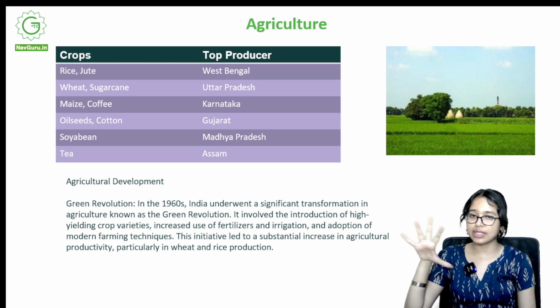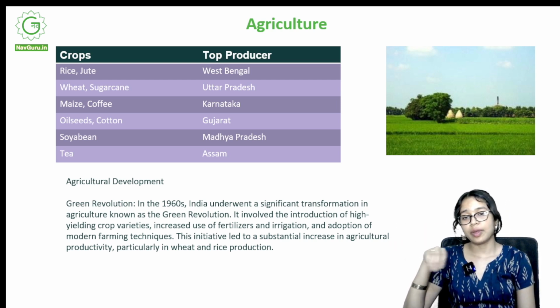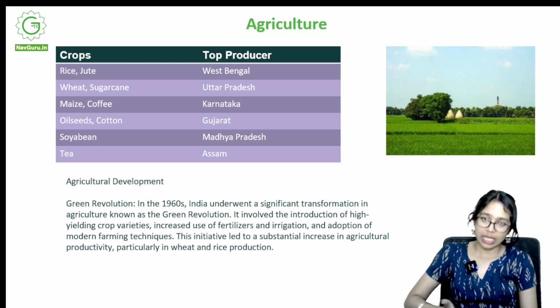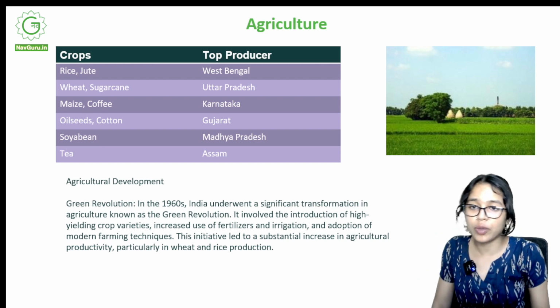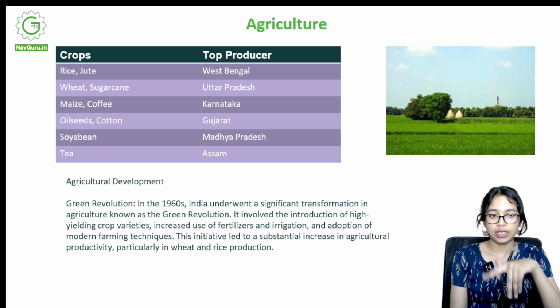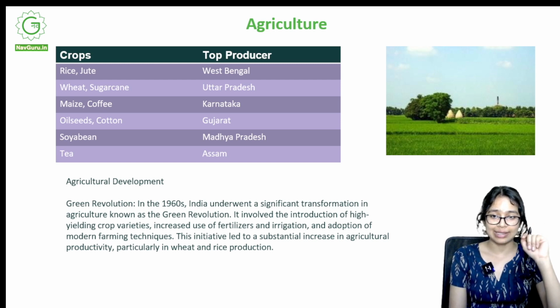So if you know these things, it's much easier to locate the areas as well. So rice, jute, let's see this again. Rice, jute, West Bengal; wheat, sugarcane, Uttar Pradesh; maize, coffee, Karnataka; oilseeds, cotton, Gujarat; soybean, Madhya Pradesh; and tea, Assam.